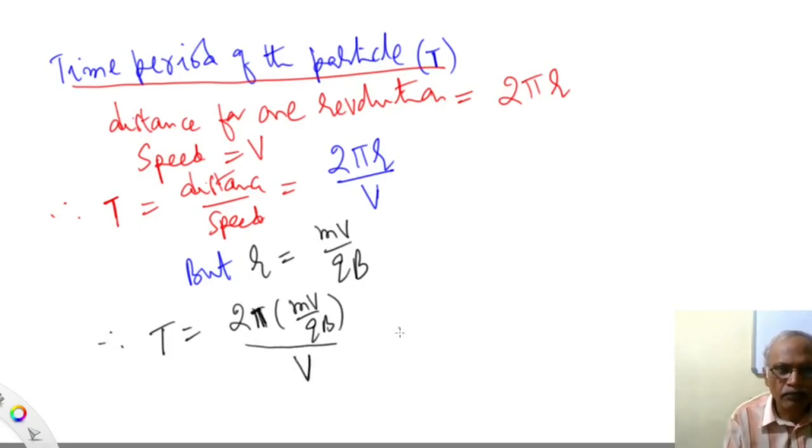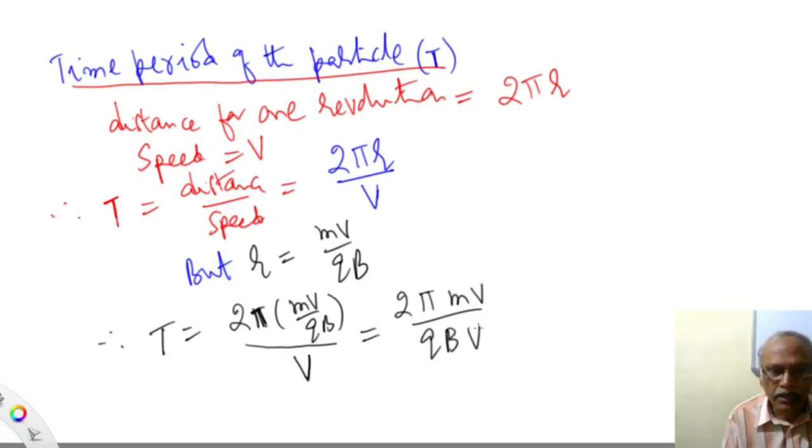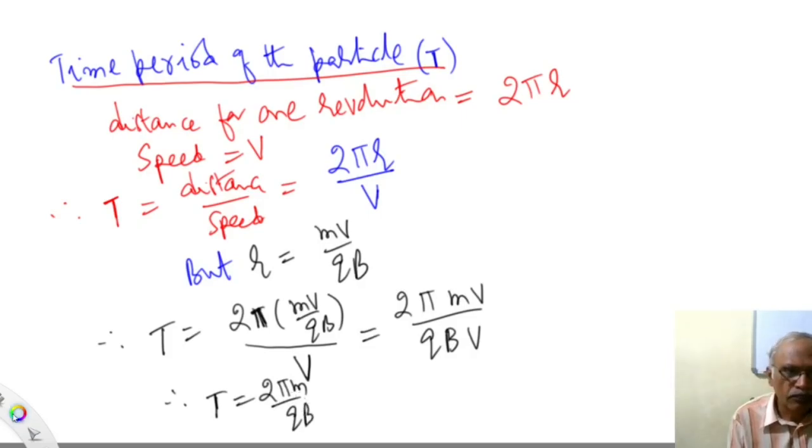This is the time period. Now we can write it as 2 pi mv by qb into v. Am I correct? v gets cancelled out, and what do you get here? Therefore, the time period of the particle is 2 pi m by qb. This is the formula for time period of the charged particle.